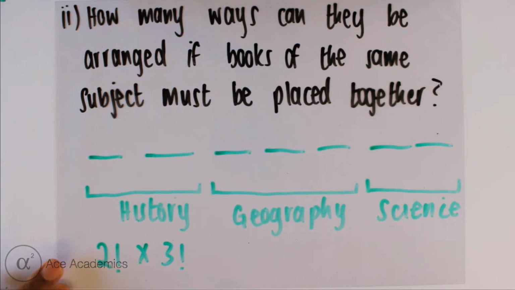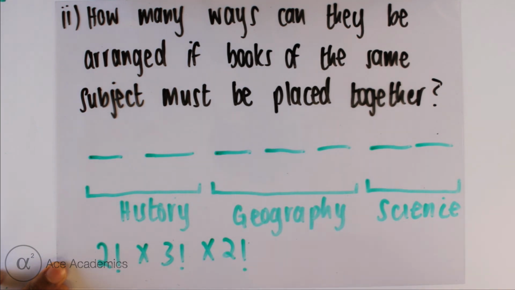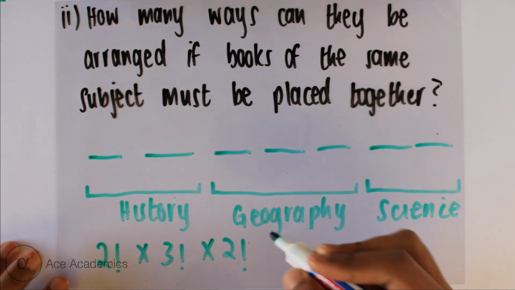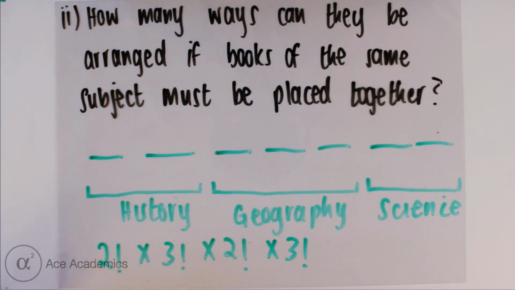And since there's 2 science textbooks, the science textbooks can be arranged 2 factorial ways. Now that we've looked at each group individually, we have to look at the entire bookshelf. So history, geography, and science can be arranged how many different ways? The 3 subjects can be arranged 3 factorial ways.